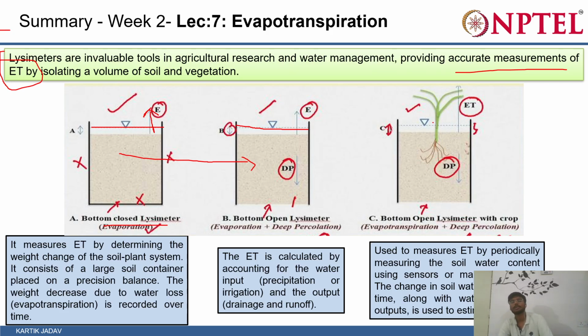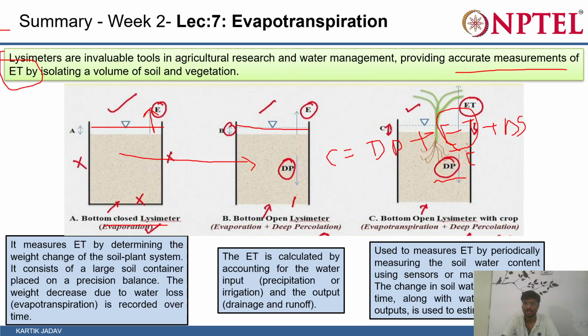And when we put the plant in this with bottom open, we will get evapotranspiration plus deep percolation, and this depth C. So if you do the water balance here, if you are inputting C, then C is equal to deep percolation plus change in storage.